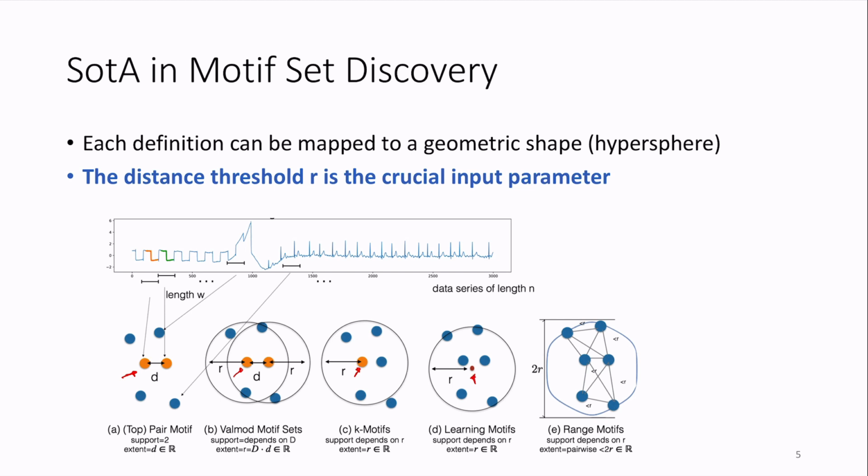As you can see, we may find more subsequences within radius r if we relax this constraint. Interestingly, there's another definition based on pairwise distances. So within the motif, all subsequences must be within a pairwise distance of 2r. Sadly, no algorithm was published.